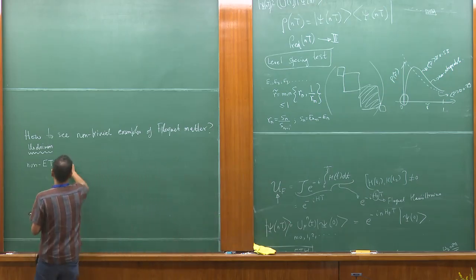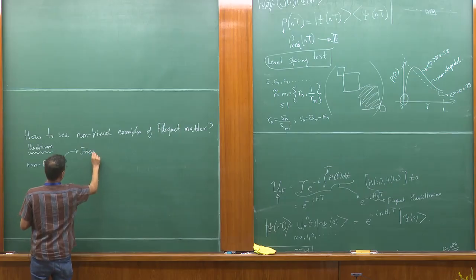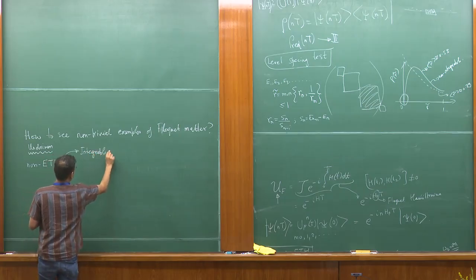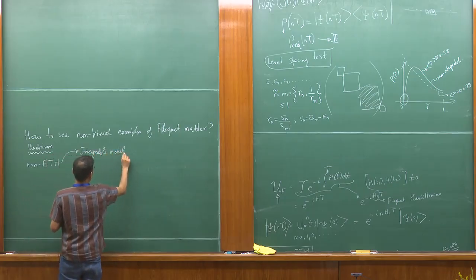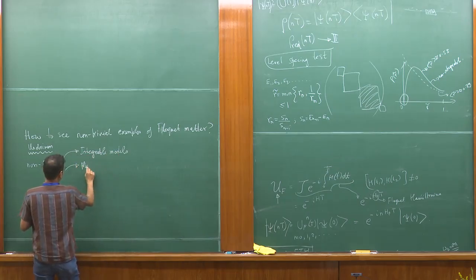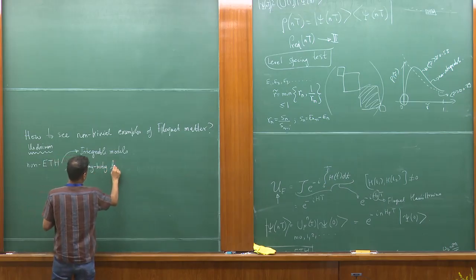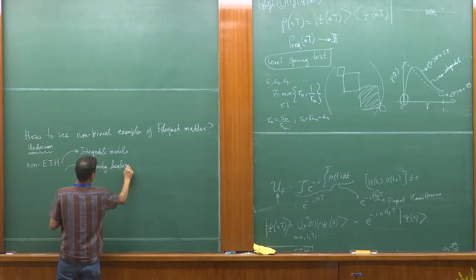One example has already been mentioned: integrable models. Another example which has already been mentioned is many-body localization.